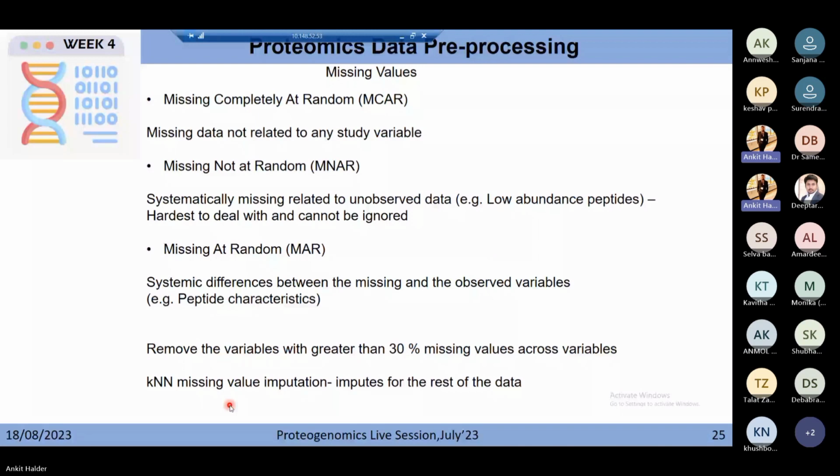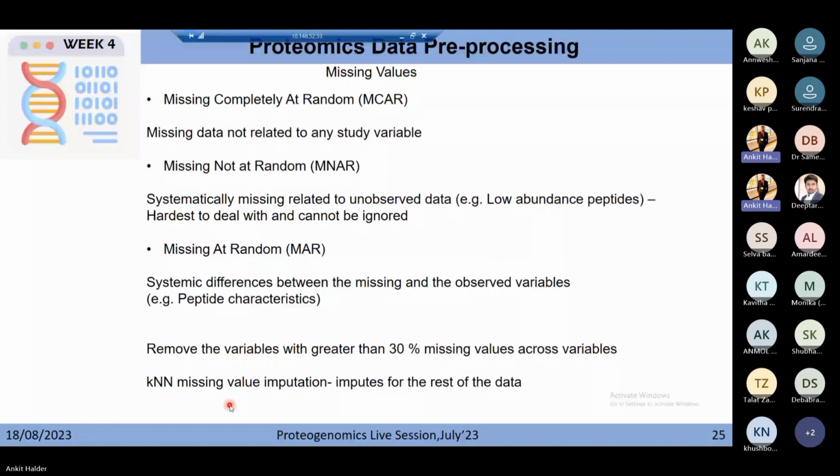One is you can use different machine learning based algorithms. So what is imputation? If you have a missing value, how will you impute it? By the name you can understand that it is adding the data, predicting the data from the other sets of variables or other sets of samples.